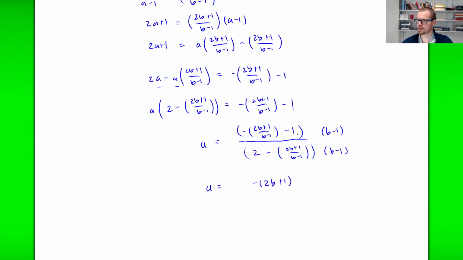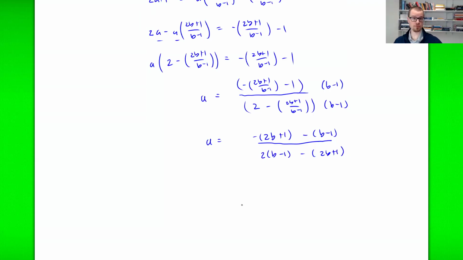When I distribute it here, I just have the negative of (b minus 1). When I distribute this to here, I will have 2(b minus 1). When I distribute this here, it will cancel, and I'll have the negative, right? Could carry that as subtraction: negative of (2b plus 1). Now I can just simplify that numerator and denominator to find out if this is just b or not.